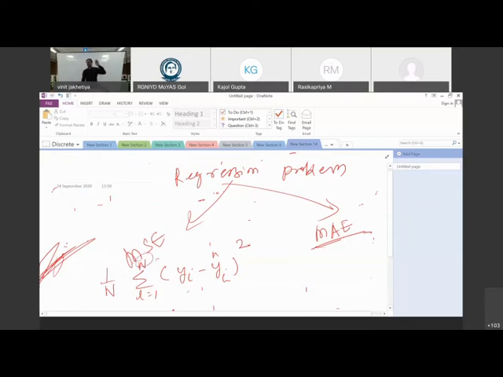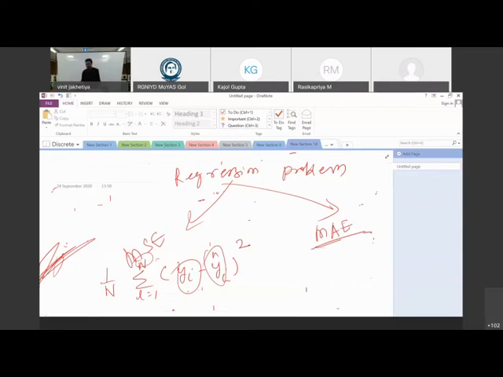N is the total number of samples available for training. Yi is the original actual value of the data. Y hat is the predicted value of the data using your model. Then we take a square and take the mean of them. This is mean square error.